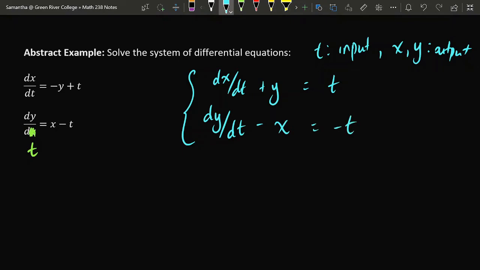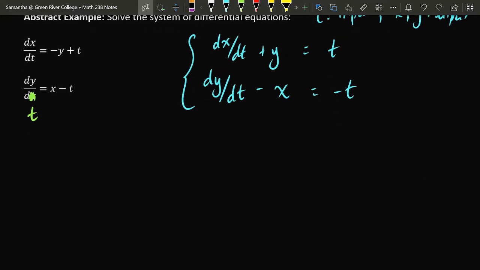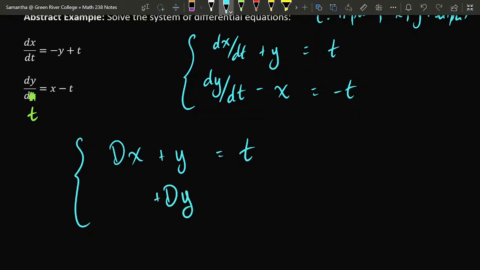So now I'm going to rewrite this using the differential operator. So instead of having dx/dt, I'm going to write this as D applied to x. And in the second equation, instead of dy/dt, I'm going to write this as D applied to y.